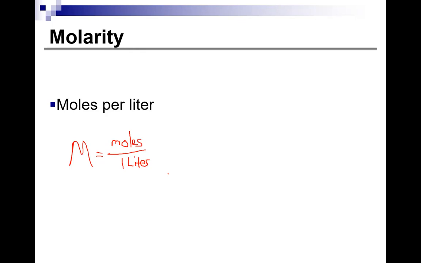If you were trying to find that molarity, you'd have to convert your grams to moles using your molar mass that you would get from your periodic table. And then you divide that by the number of liters, and that's going to give you the molarity. So it's always moles per liter. Alternately, you could say moles per 1,000 milliliters if they gave you a milliliter value, but moles per liter gives you the concentration.